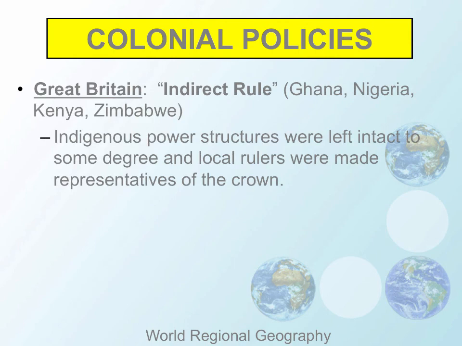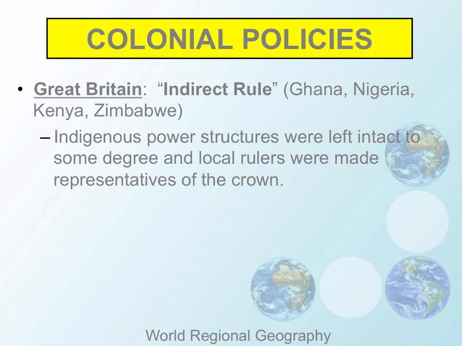All right, I mentioned that different colonizers had a different approach to colonial rule in sub-Saharan Africa. So Great Britain took an approach of indirect rule, where they tried to leave indigenous power structures in place, not because they were feeling nice or magnanimous, but because it was easier for them. To oversimplify matters, looking from the bottom up, if regular people would see as their rulers indigenous, local rulers, they would be easier to control, this was the British perspective, than if they were able to see who was really in charge.